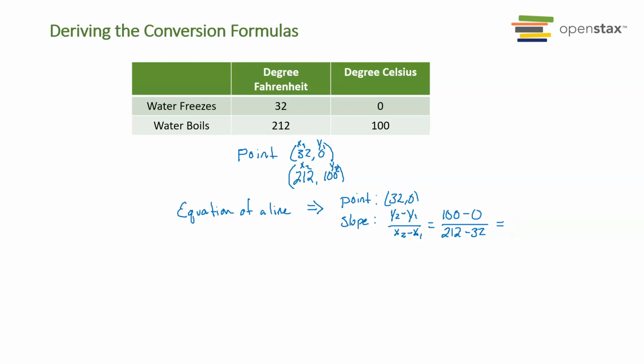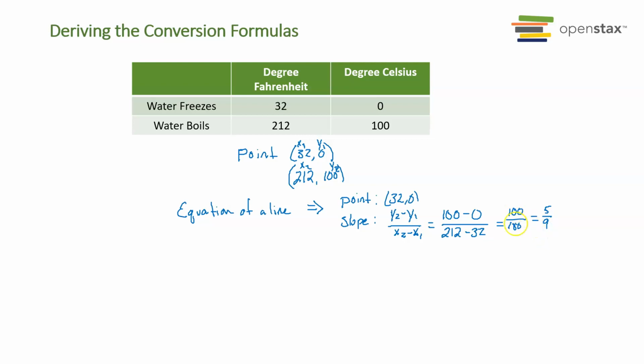So if we simplify that, we get 100 divided by, and then 212 minus 32 is 180. And then if we simplified that again, that would give us 5 over 9.